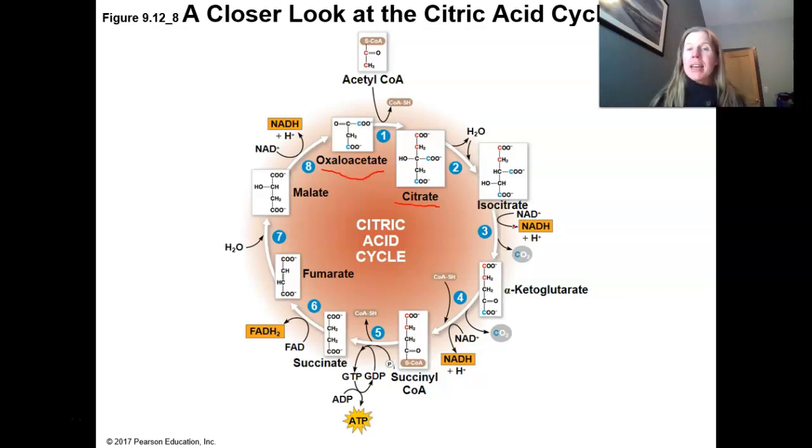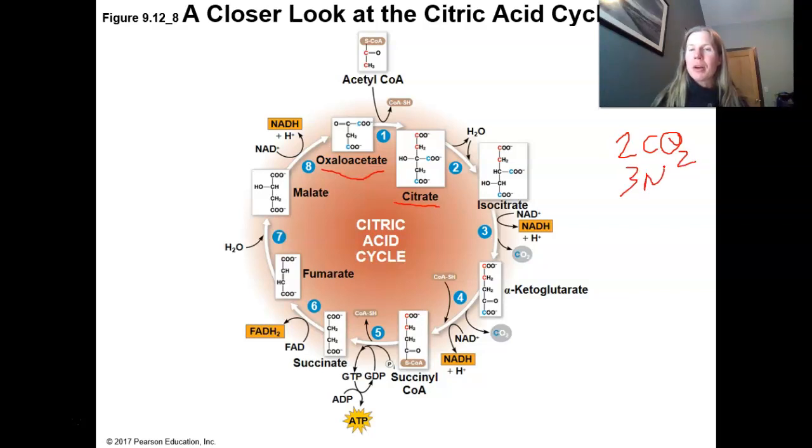You have lots of enzymes acting here to make this work. But as we complete the oxidation, NAD and FAD are going to grab those electrons and carry them for us. So again, in the citric acid cycle, per acetyl-CoA, for one time around, you get 2 CO2, 3 NADH.